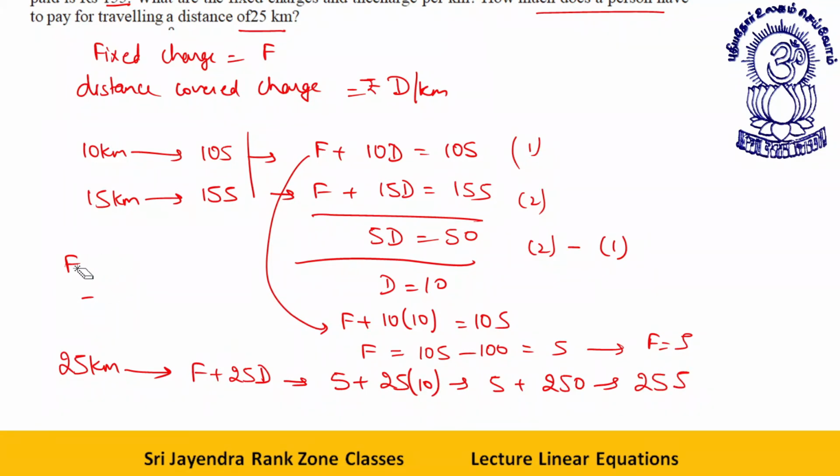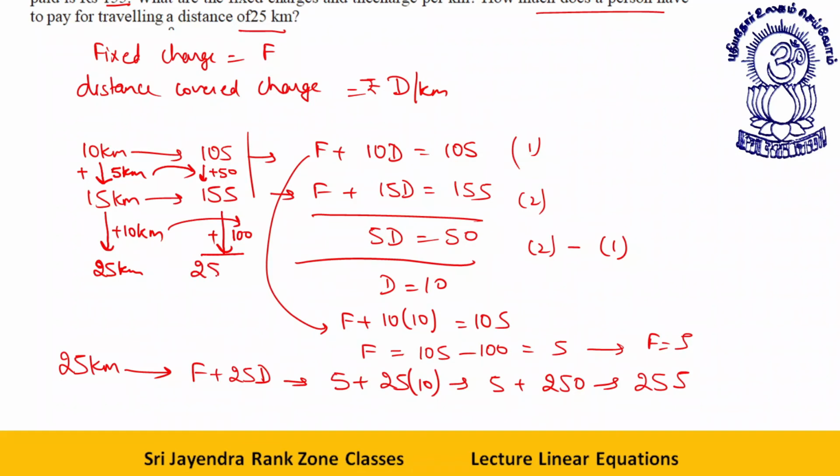The other way, what is happening, from 10 to 15 you add 5 kilometer. You add 50 rupees. So from 15, if you want to go plus 10 kilometer more, 25 kilometer, for 5 kilometer you add 50, for 10 kilometer you will add 100.